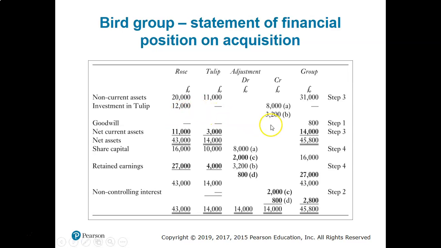So the company has this much capital, out of which you are purchasing actually 80%. So 80%, you are purchasing 11,200, but you are paying 12,000.